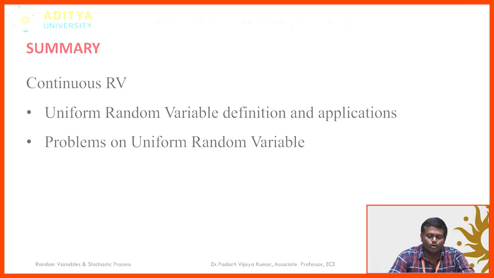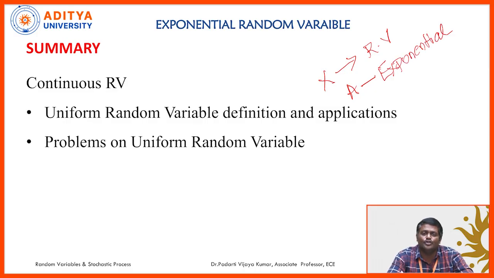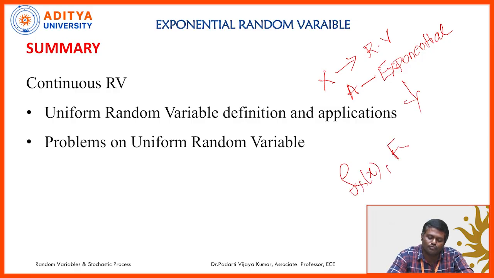Every time a problem is given, first we need to define the random variable. Later we need to identify the application, whether it is related to the exponential random variable or not. After identifying that, we need to note down the density function as well as the distribution function of the exponential random variable.